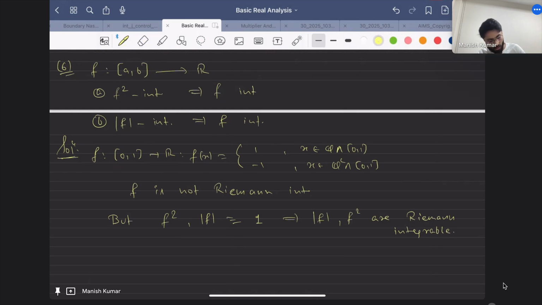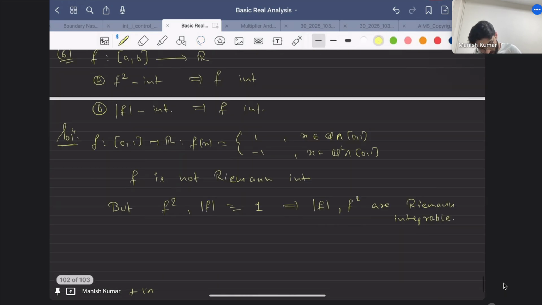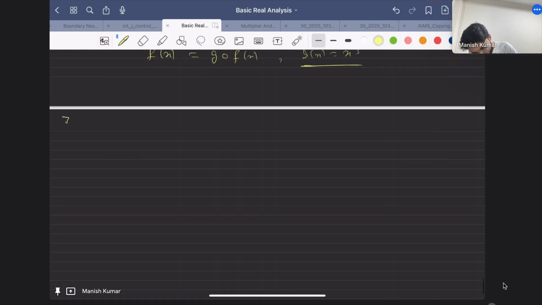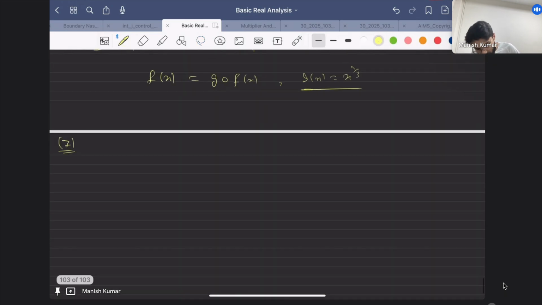So this is the 7th problem. The problem is like this. Suppose f from a b to R and g from c d to R, let's say these two are integrable functions.